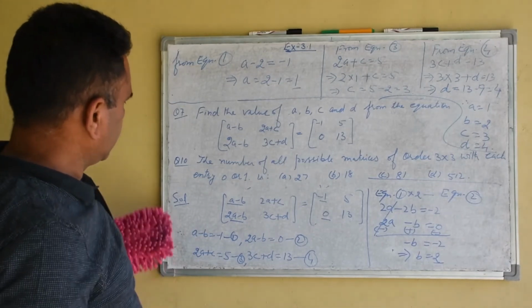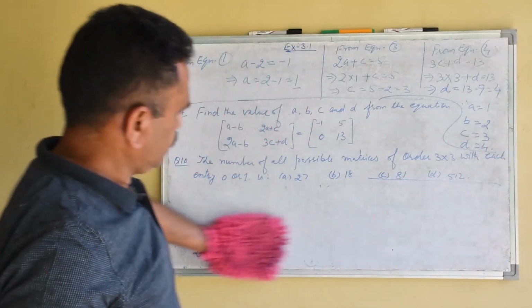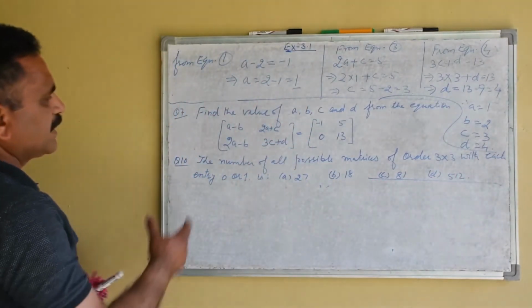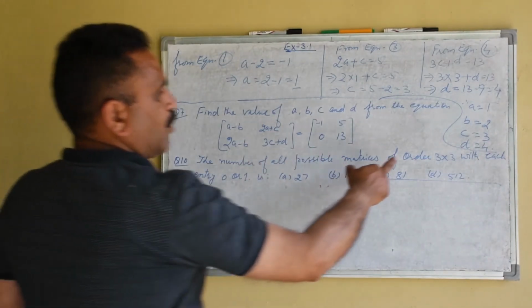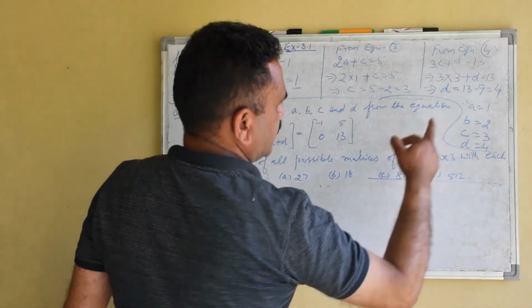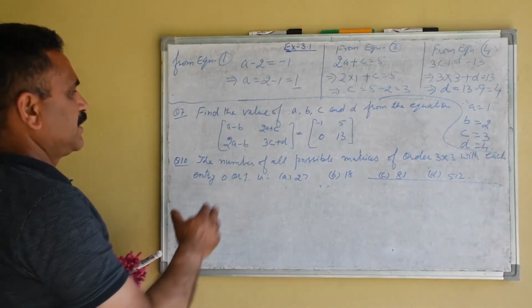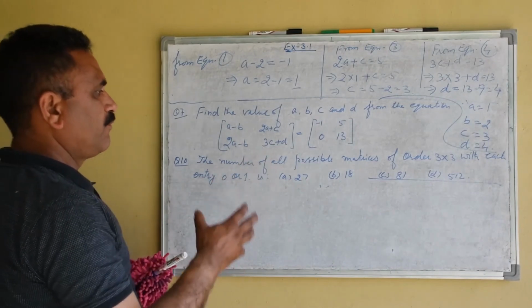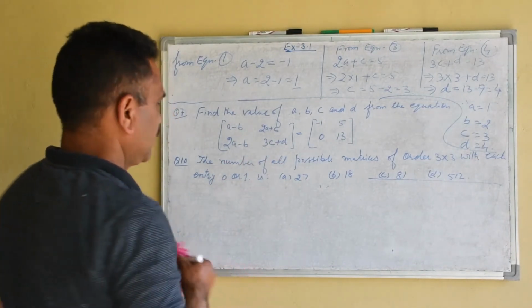Now next is question number 10. What is question number 10? The number of all possible matrices of order 3 by 3 with each entry 0 or 1 is, how many possible matrices will there be of order 3 by 3?